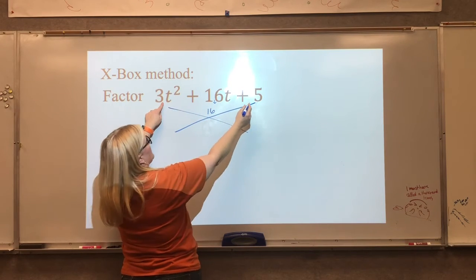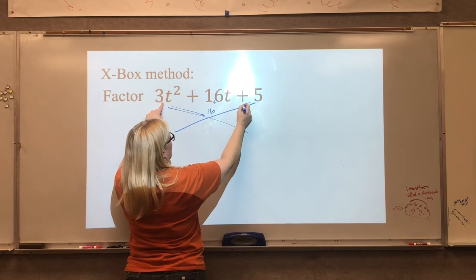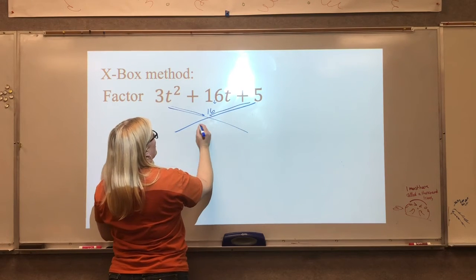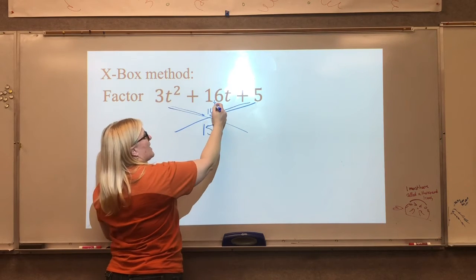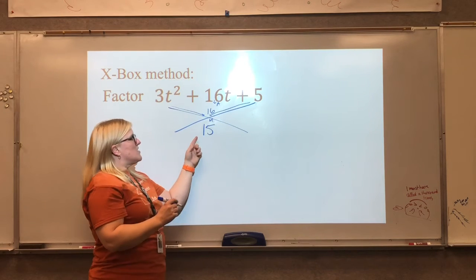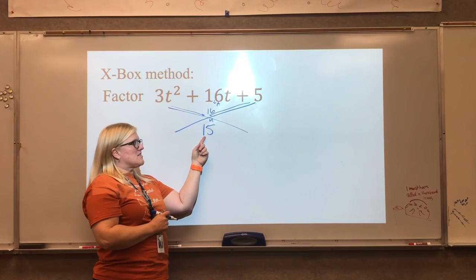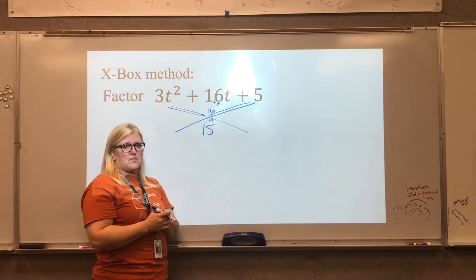Then this 3 and this 5, it's almost like they trickle down this little slope right here, and they meet right here, and you multiply them to get 15. All right? This is my add, this is my multiply. So what multiplies to give me 15 and adds to give me 16?